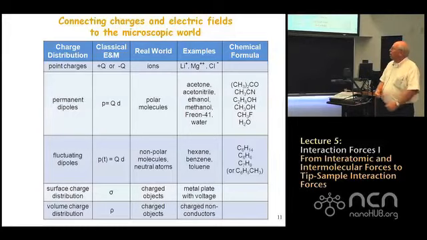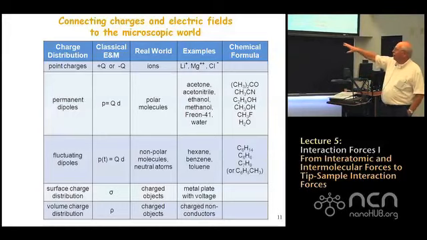One interesting thing is that these polar molecules tend to have bonds between oxygen and hydrogen, between carbon and nitrogen, or between hydrogen and fluorine. So these polar molecules tend to have oxygen, fluorine, and nitrogen atoms associated with them.